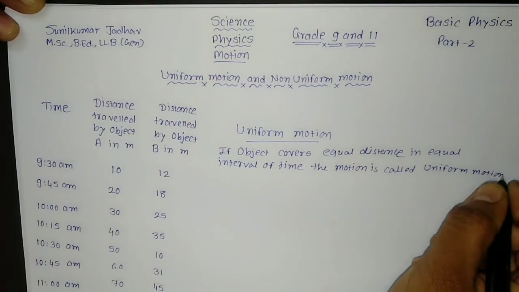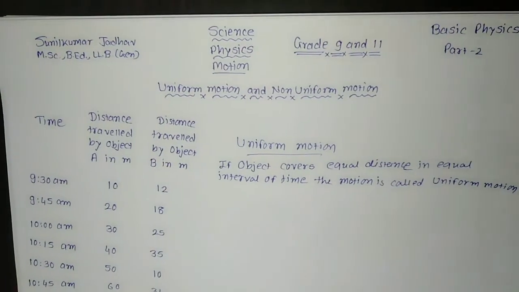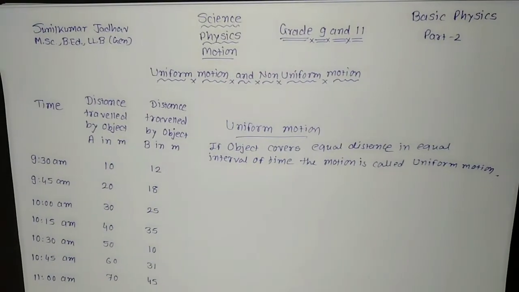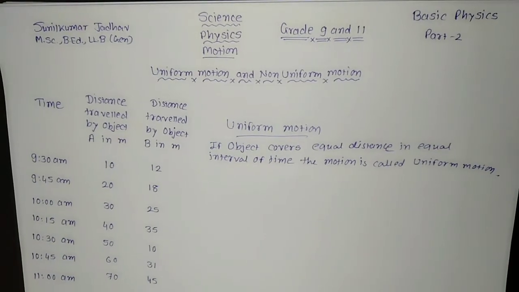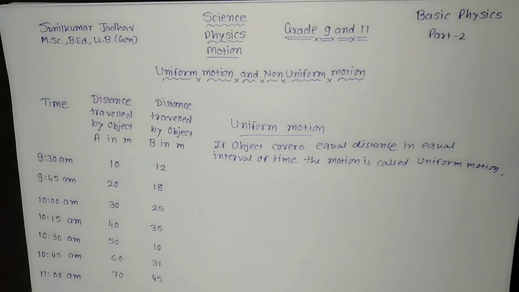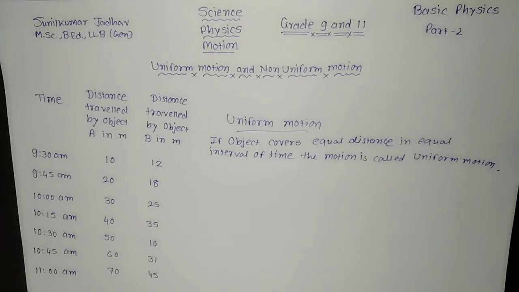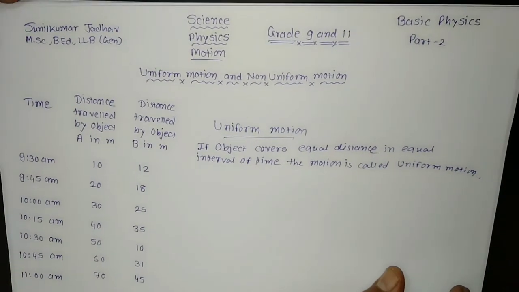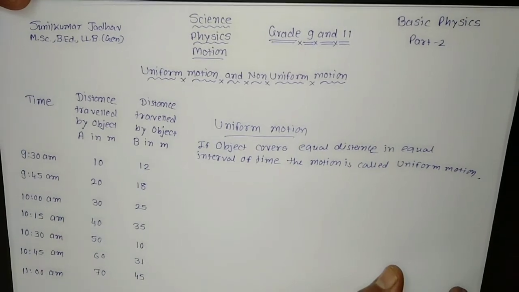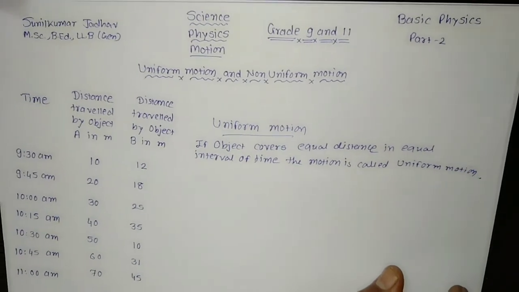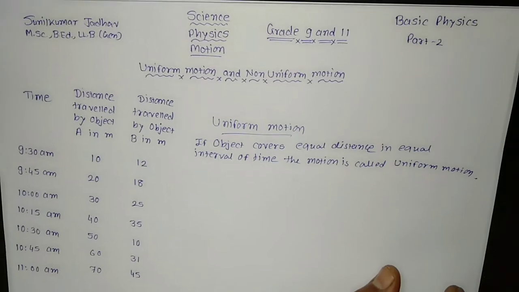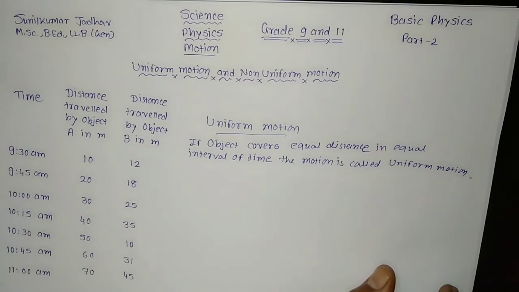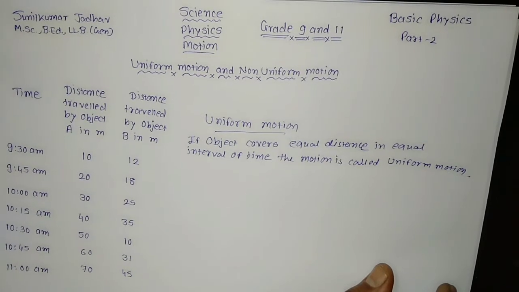Now, in day-to-day life, this normally does not happen. It happens only when the path is very smooth. In day-to-day life, when we start our journey from our home and reach the main road, if the road is not proper, suppose in the first 5 minutes you have traveled about 1 kilometer, for example.